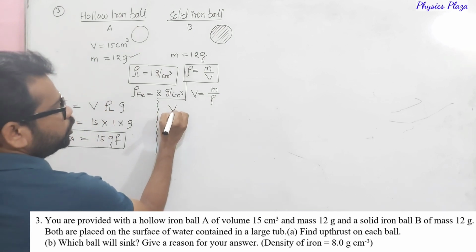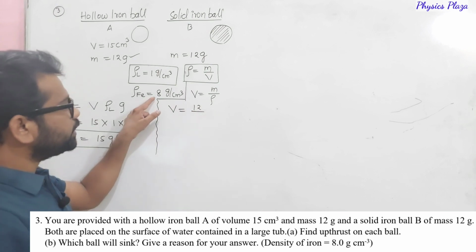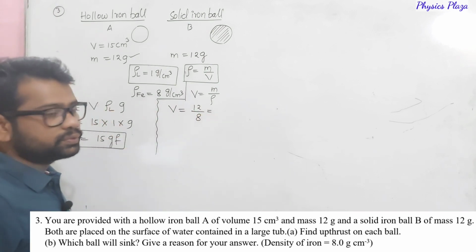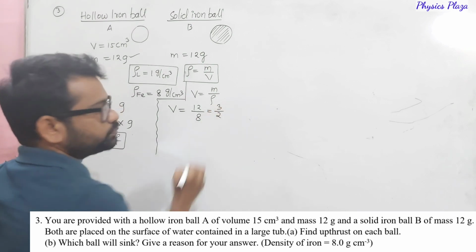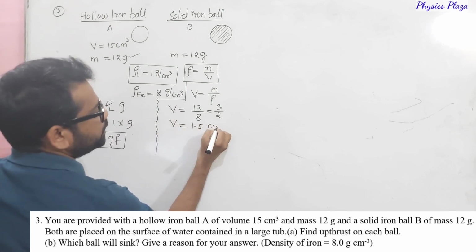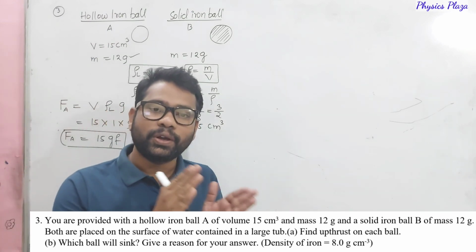Mass is given as 12 grams, and the density of iron is 8. So V is equal to 1.5 centimeter cube. That's it, we got the volume of the solid iron ball.